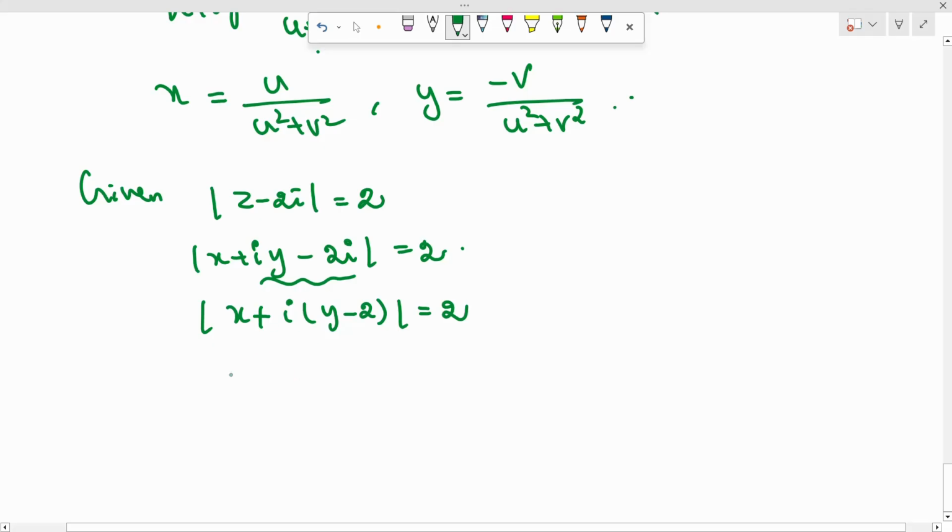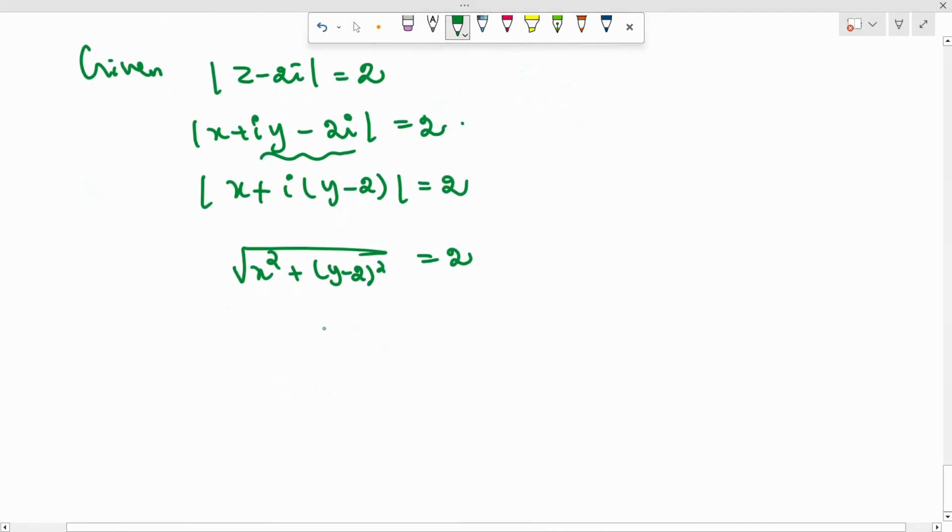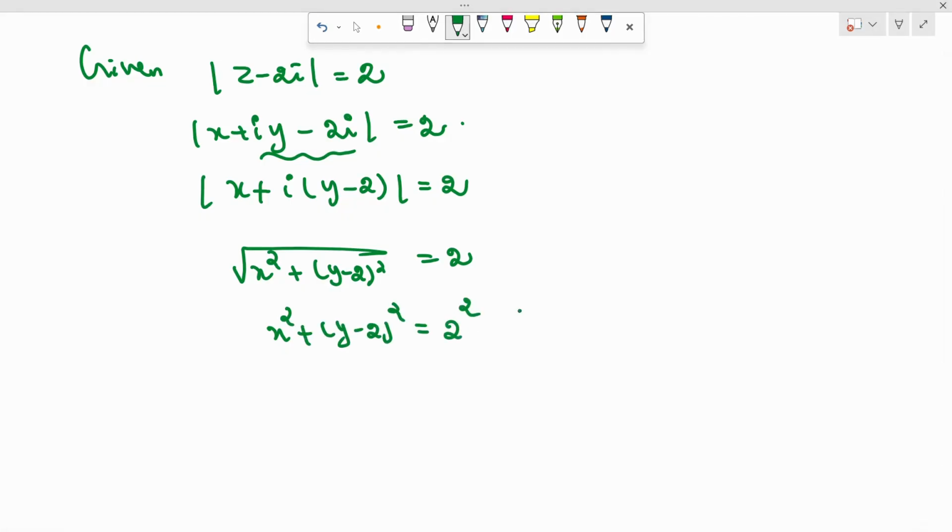Now remove this modulus, which is root of x square plus (y minus 2) whole square is equal to 2, and then remove the square root, x square plus (y minus 2) whole square is equal to 2 square.